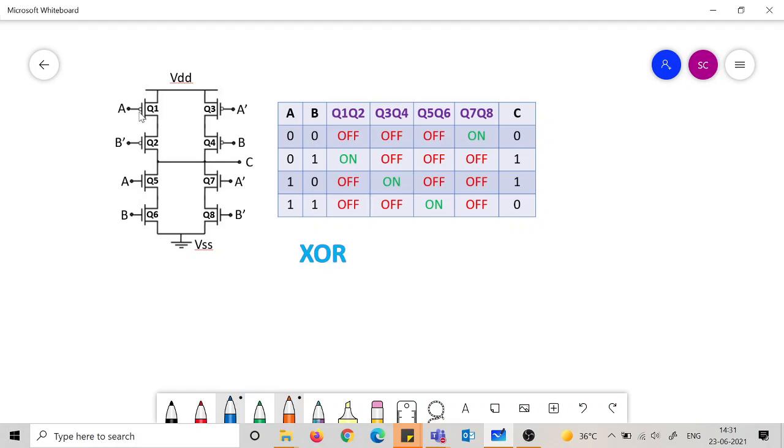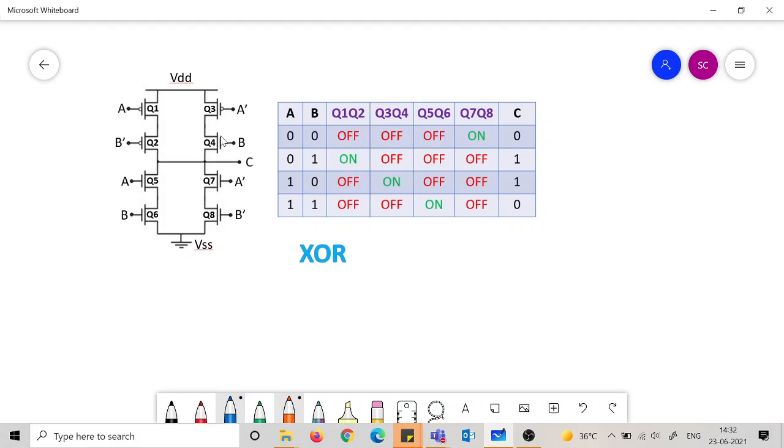And you see, when we have constructed the XOR gate in this manner, what happens when A and B both are 0? We take the Q1 Q2 branch as a whole. When A and B both are 0, Q1 is conducting but Q2 is not conducting. As a result, the whole Q1 Q2 branch is not conducting, so it is off.